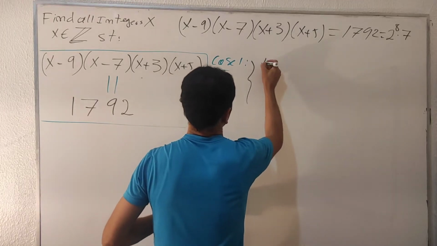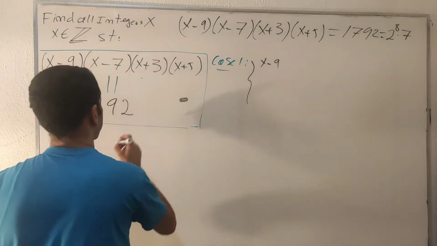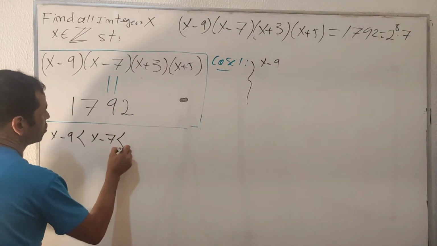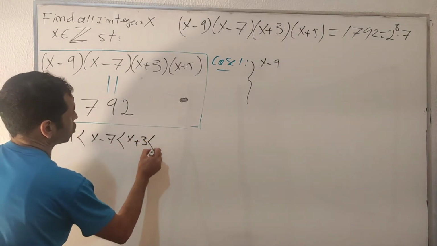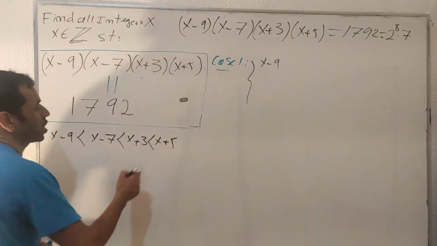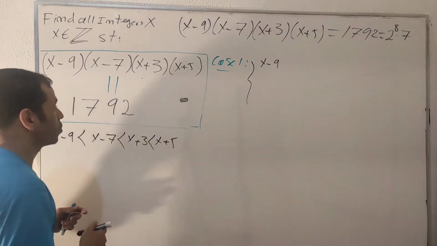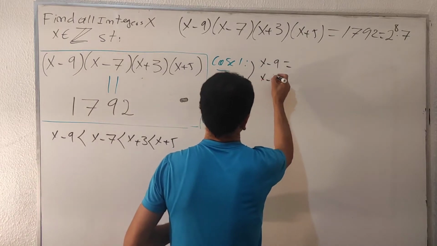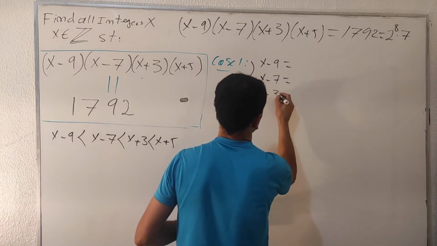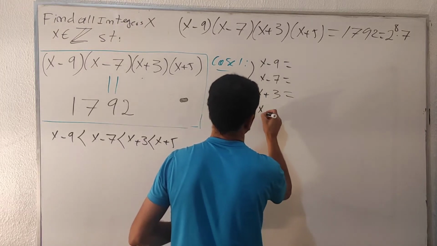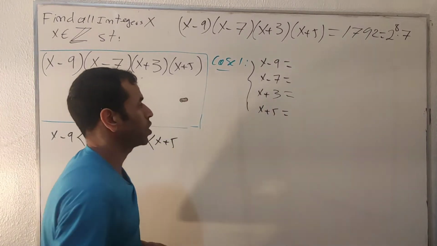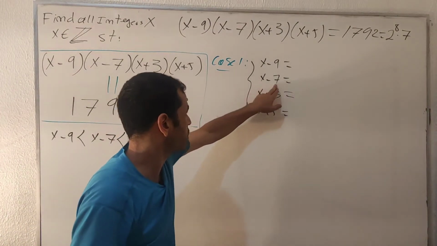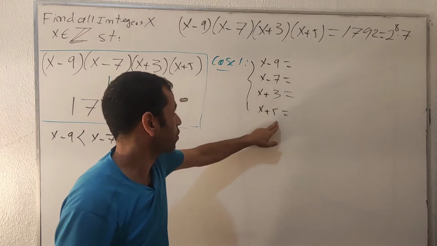Keep in mind, as I said before, x minus 9 is strictly less than x minus 7, which is strictly less than x plus 3, which is strictly less than x plus 5. x plus 5 is the biggest one. So now we are going to see what are the appropriate values of x minus 9, x minus 7, x plus 3 and x plus 5.